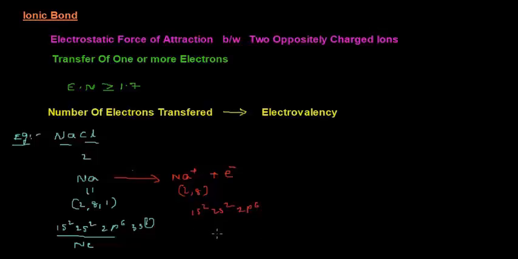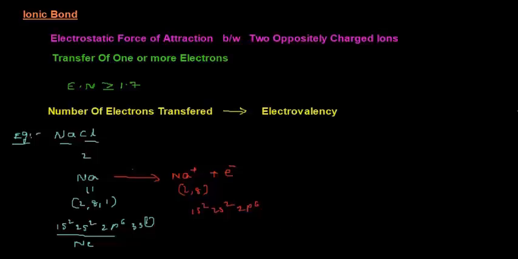Similarly, let us see the chlorine. Chlorine has the electronic configuration of 2, 8, 7. Its atomic number is 17. So, it has one electron less to that of argon configuration, which is capital Ar.